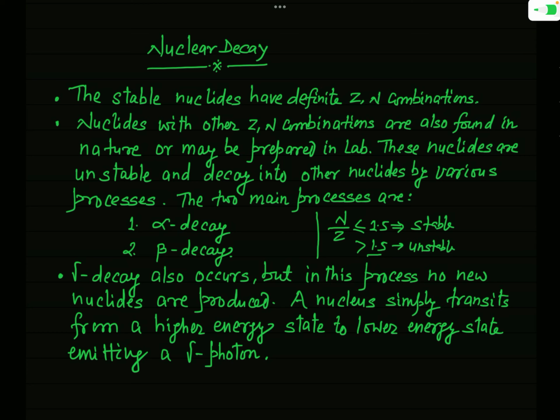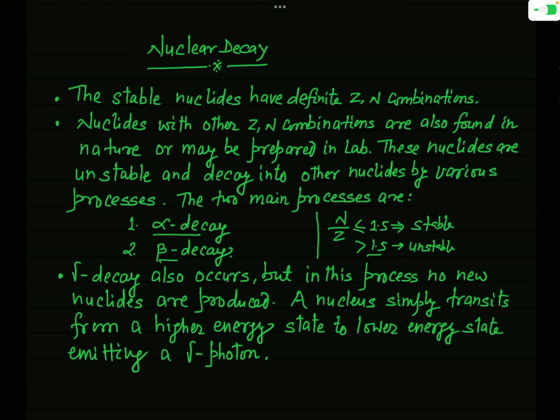Among these different processes, mainly there are two decay processes in which a nucleus is changed into another stable nucleus. A nucleus which is unstable is transformed into another stable nucleus, and those two important processes are alpha decay and beta decay.